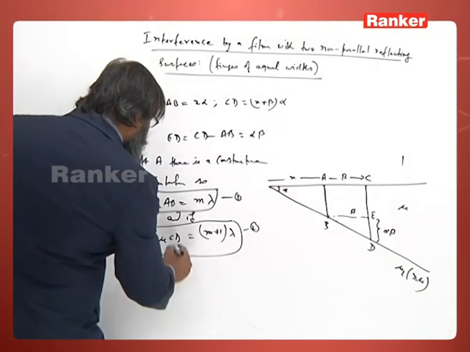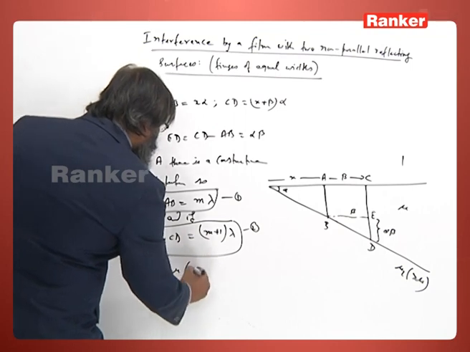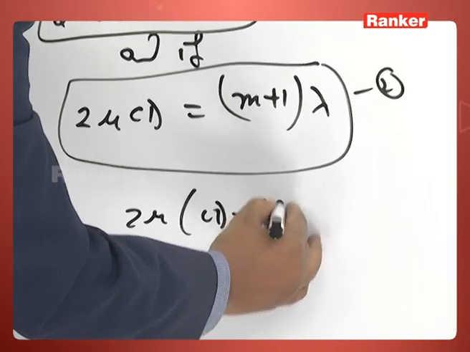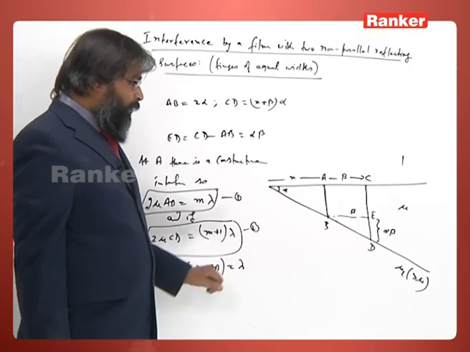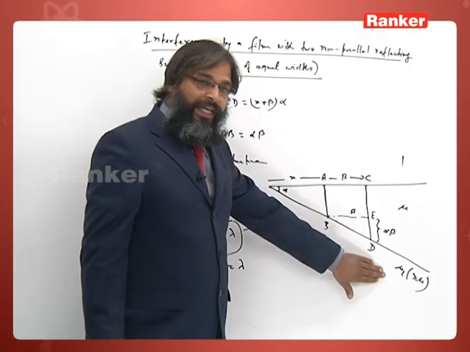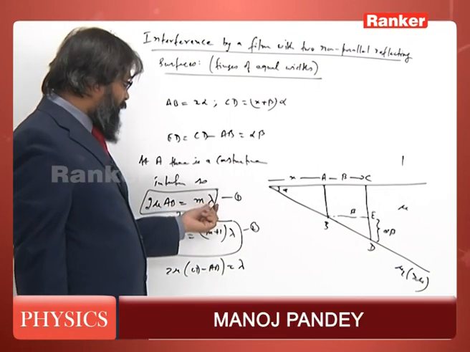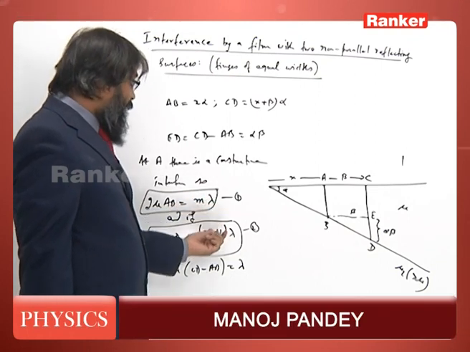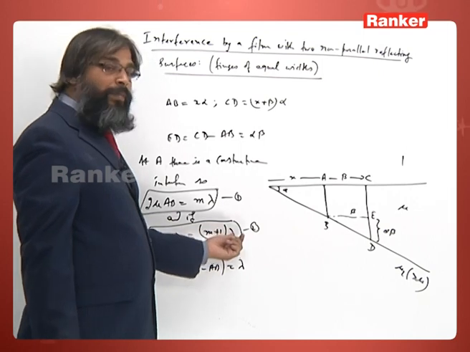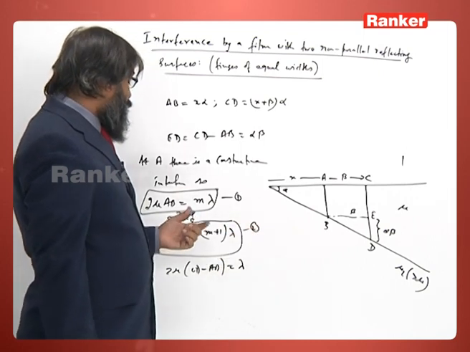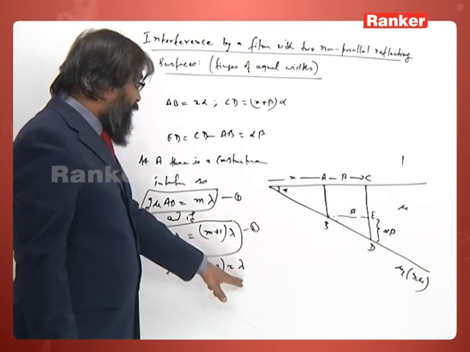So you see 2 mu times (CD minus AB) becomes only lambda. Now suppose even if it is air, then what is happening here? Here (2m plus 1) lambda by 2 is there, and here (2m plus 1) lambda by 2 plus lambda will be there. In both the cases this difference will be lambda.